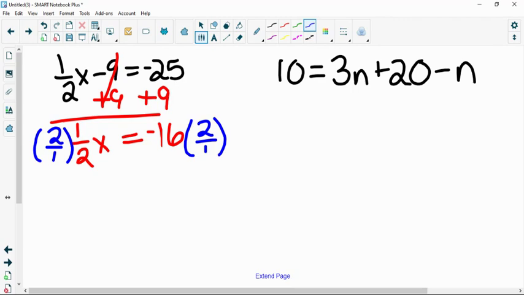On the left, all that remains is 1x. And then on the right, negative 16 times 2/1 would give you negative 32/1, or just negative 32.